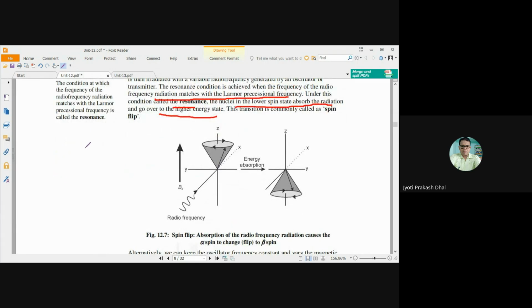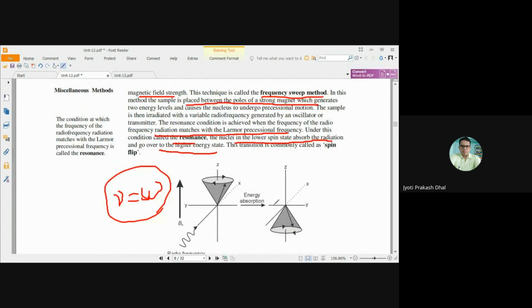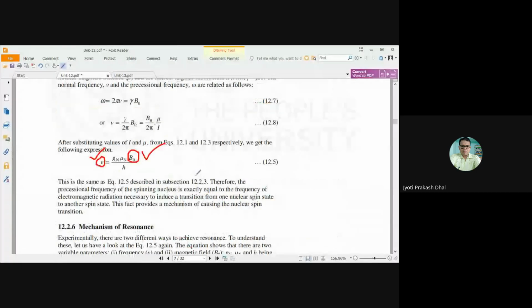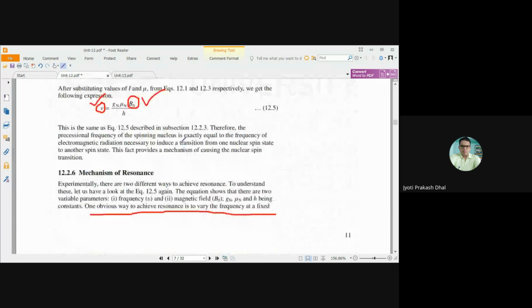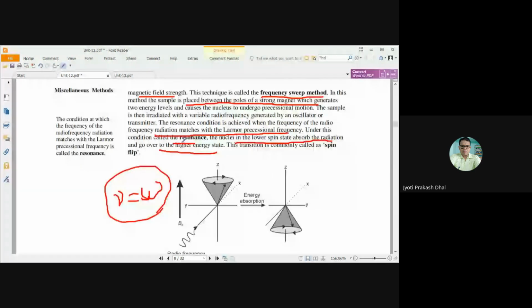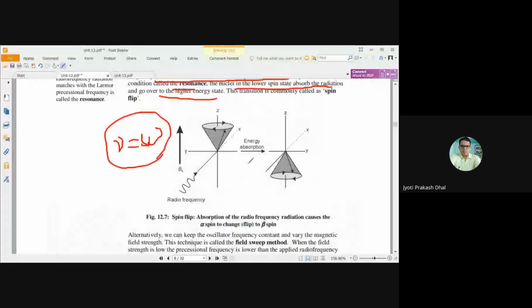At resonance, the nucleus flips between higher and lower states. The lower state is parallel spin and the higher is anti-parallel spin, so during flipping the spin of the nucleus continuously changes.